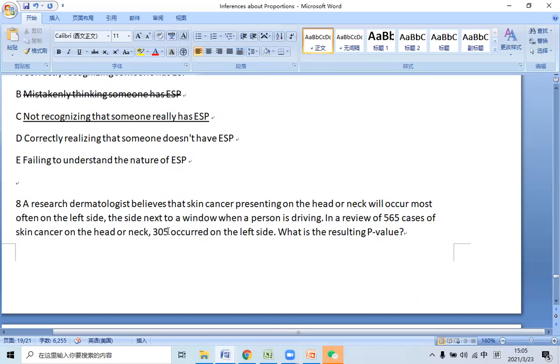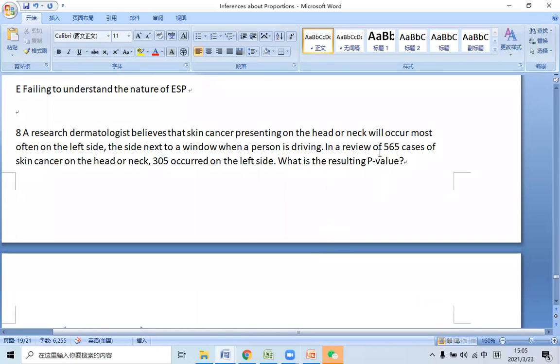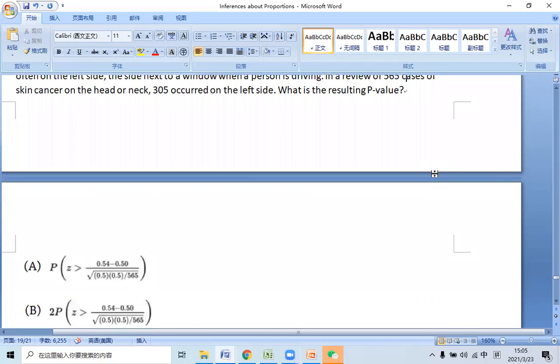And 305 occurred on the left. What is the resulting p-value? That's really interesting. And proportion.